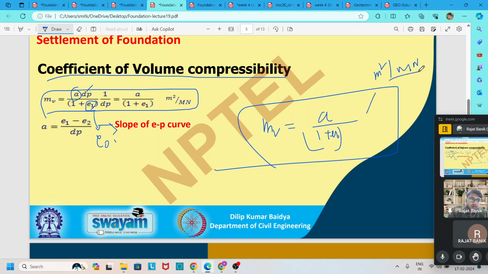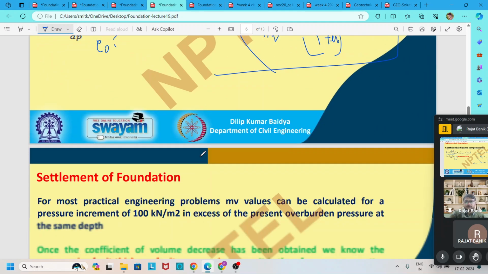That means it is the inverse of the pressure unit. If we apply pressure in kilonewton per meter square, our unit will be meter square per kilonewton. If we apply pressure in meganewton per meter square, our mv unit will be meter square per meganewton.